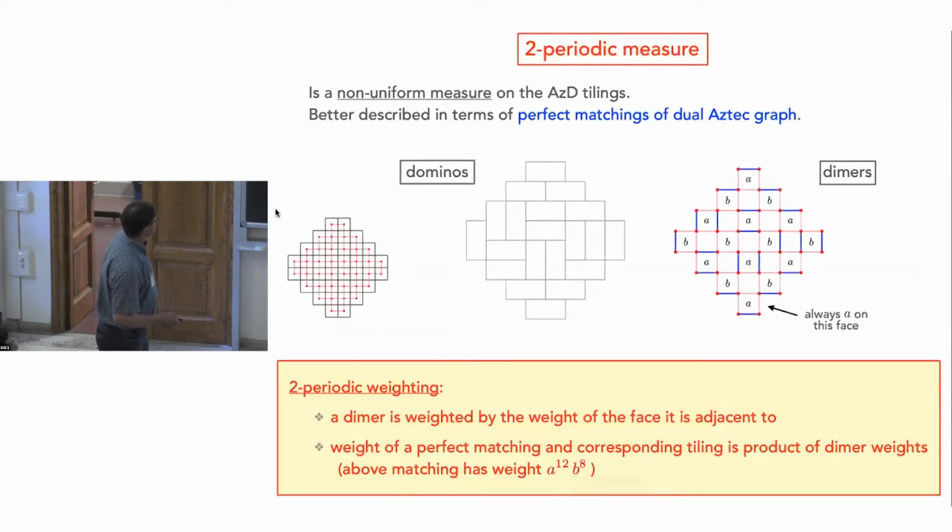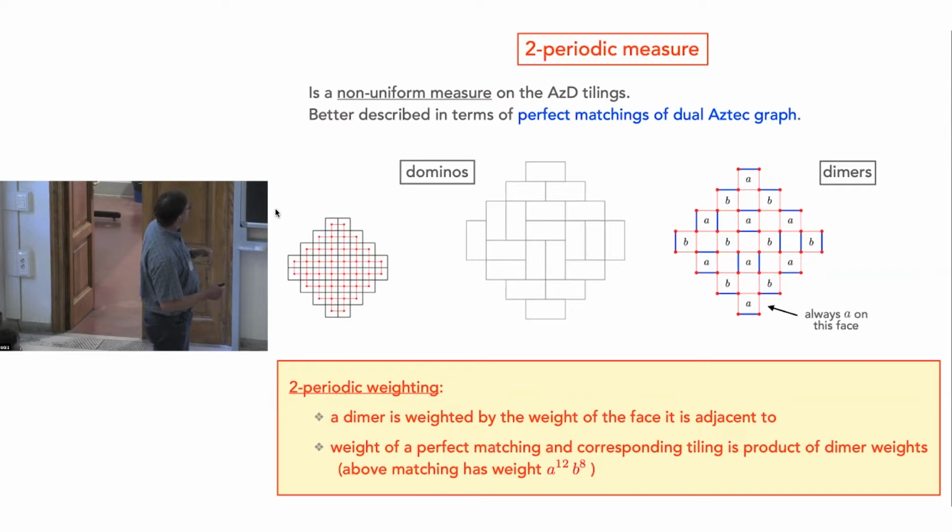So I think it is time for defining what we mean by two periodic measure. It's a non-uniform probability measure on the set of tilings. And it's better described in terms of the dual graph of the Aztec diamond. So here is the Aztec region, and in red, you see the vertices and the edges of the dual graph.